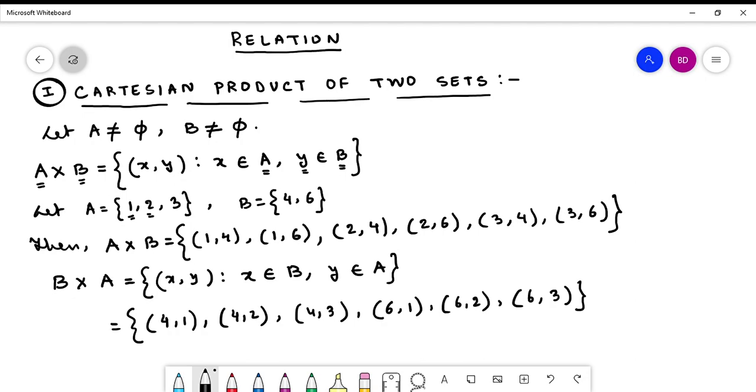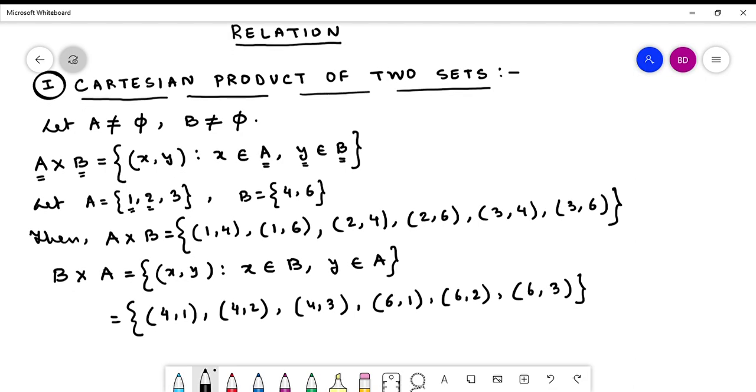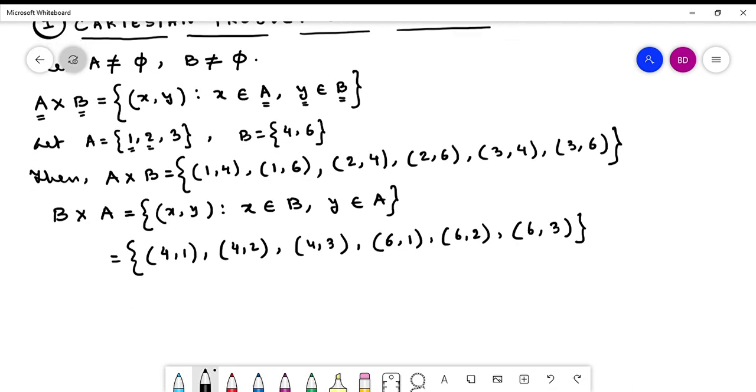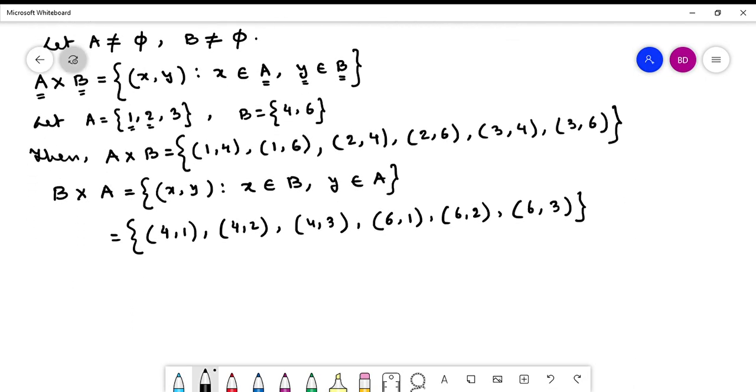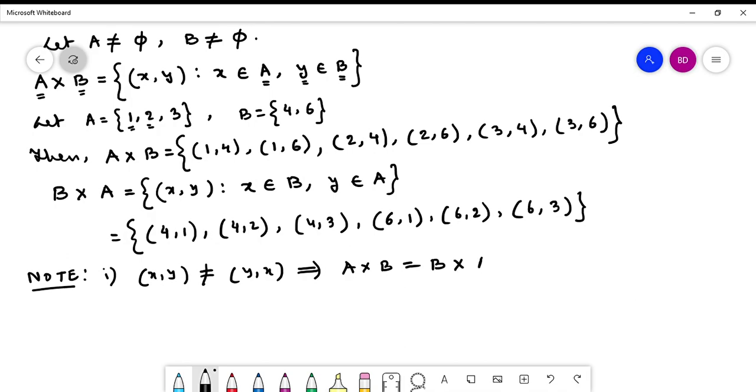Okay. So after doing this, we will note two important points over here. First is you can see, since you already know that ordered pair (x, y) and (y, x) are not the same, that will imply that A cross B and B cross A as sets are not equal sets.